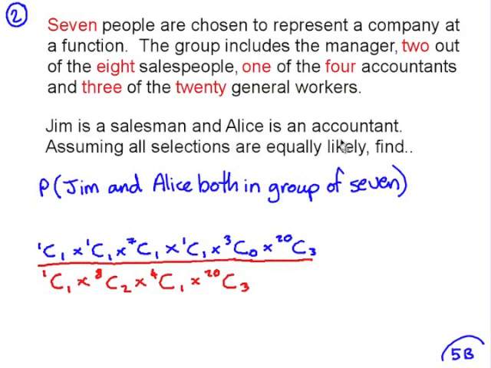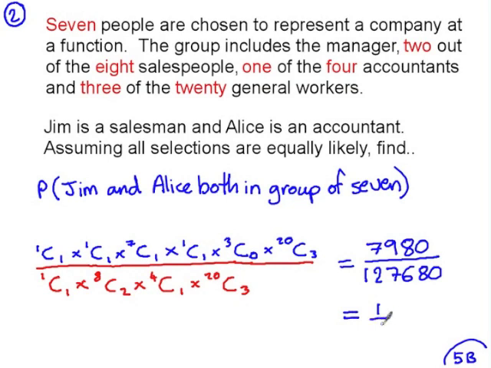And because Alice is an accountant, instead of 4 choose 1, we've now got 1 choose 1 and 3 choose 0. And again, the calculator will simplify this for us to 1/16, or 0.0625.